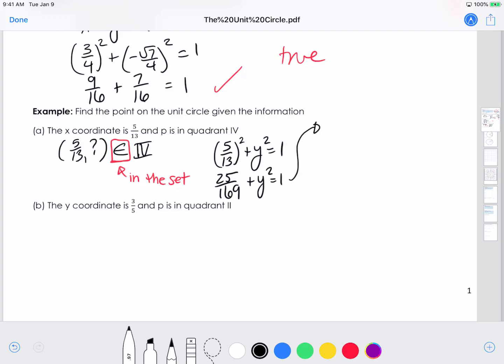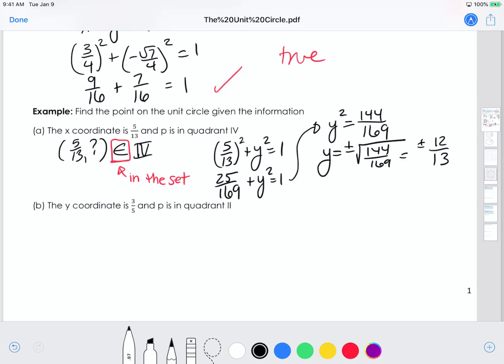Then we're going to subtract 25/169 from both sides. When we do that, we're going to get 144/169. And then we're going to square root both sides. This could be plus or minus. So that's going to be plus or minus 12/13.